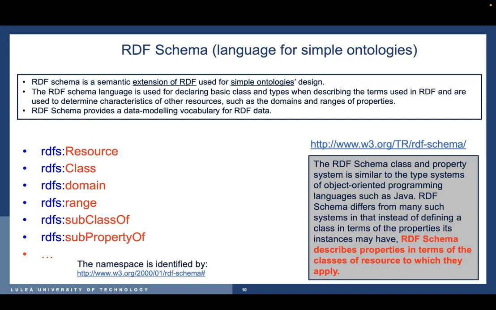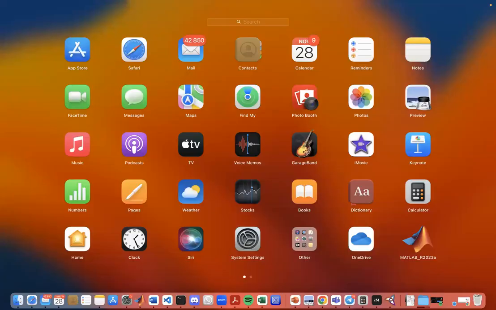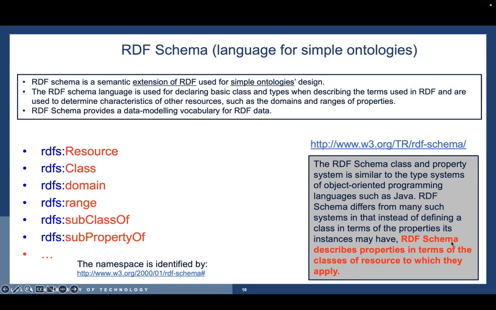In the simplest case, we can use this extended version of RDF. And remember, RDF is Resource Description Framework, which allows us to describe more complex relationships. So this extension is called RDF schema.